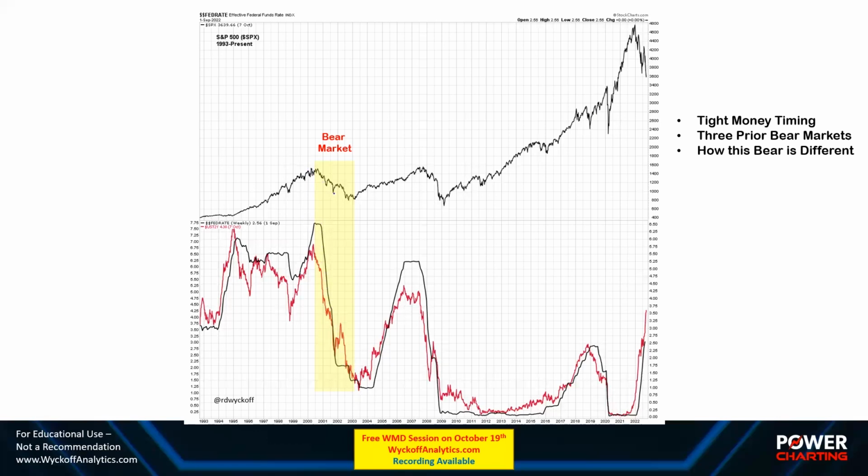But the bear market that started continued to go down, even with the Fed lowering rates at an aggressive posture, or being very accommodative. And so now let's look at the next bear market.